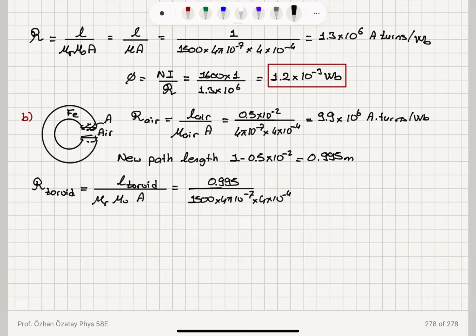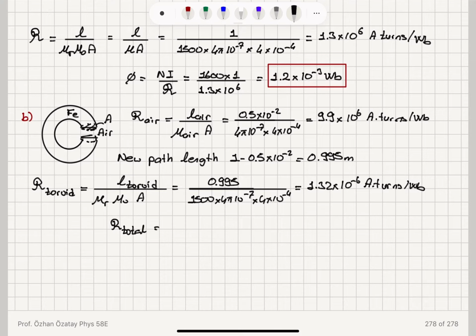This was our cross-sectional area, and this gives us a reluctance of 1.32 times 10 to the 6 ampere turns per Weber. We can now calculate the total reluctance, because this is a magnetic circuit in series.